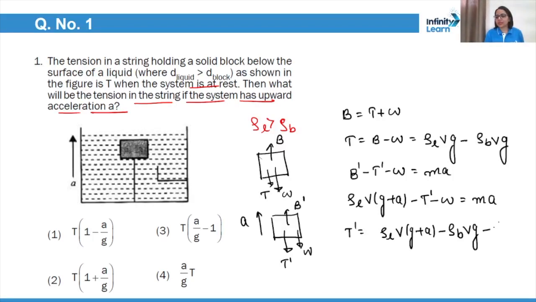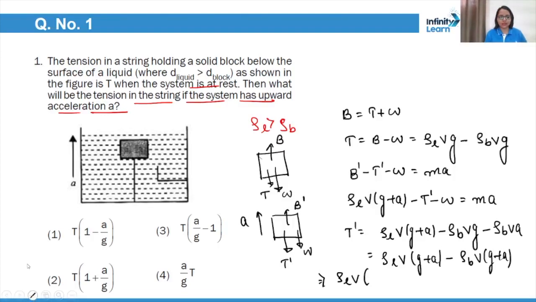So it will be density of the block, volume into A. So you can write this as rho L V into G plus A minus rho B V into G plus A. Out of this term, you can take rho L into V common. You can take G plus A common.